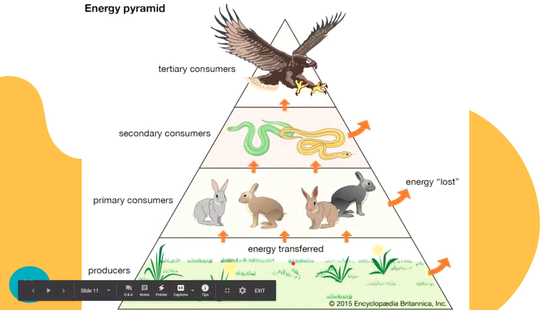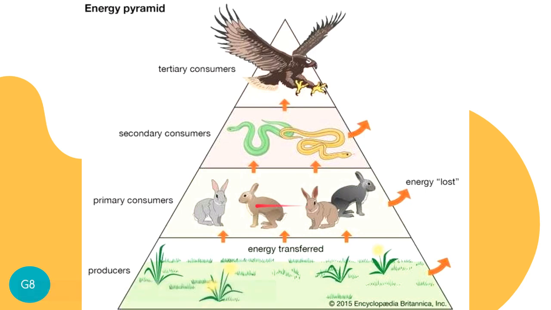We will talk more about that as we go along. So once your primary consumers have eaten the producers, then in turn they will be eaten by the secondary consumers, the snakes in this example. So the energy will now be transferred to the next trophic level.